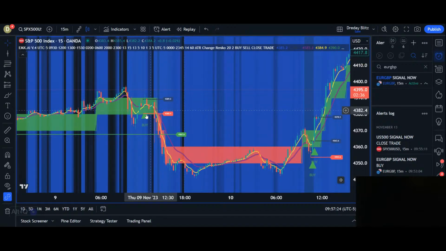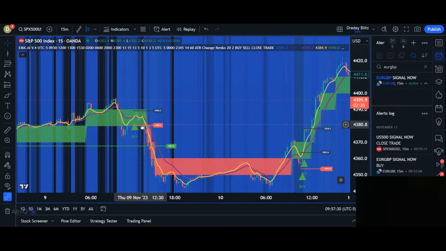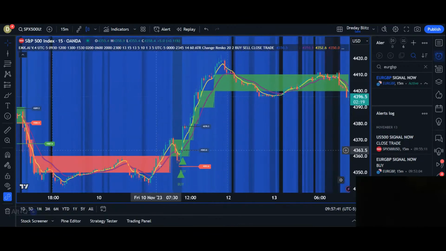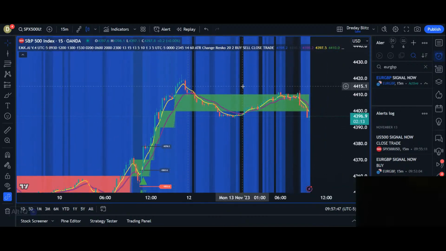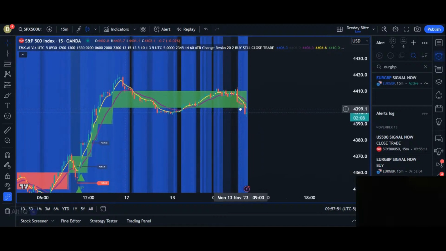But the thing is that with the Renko notification, you know exactly. If you lose, you lose really minimal on your position, but when you win, you win a lot. So that means that you would have two positions here on a buy, and then you would be way in profit overall.